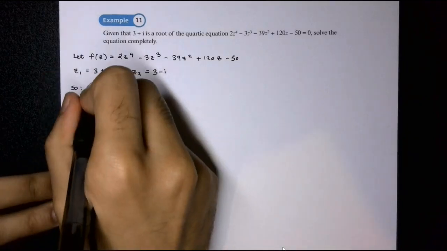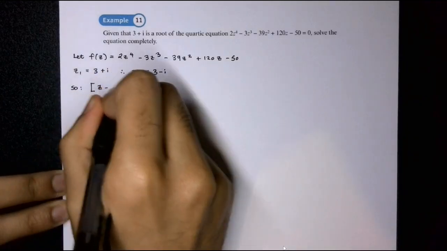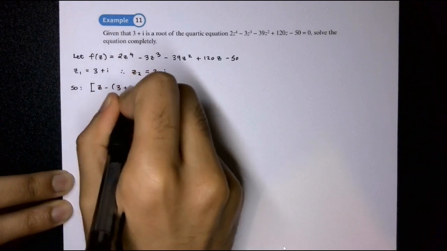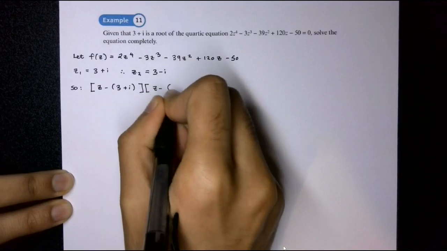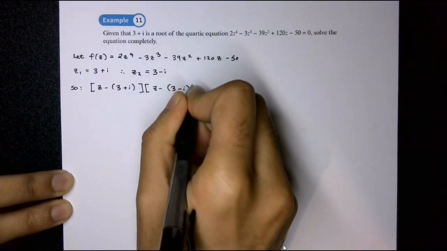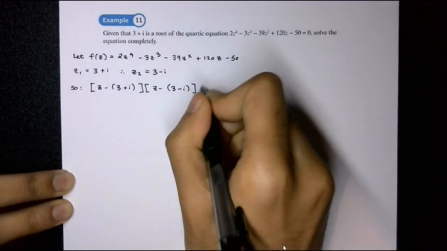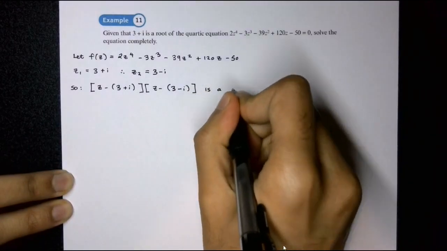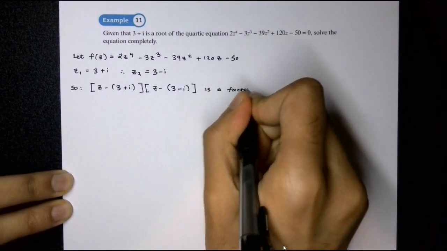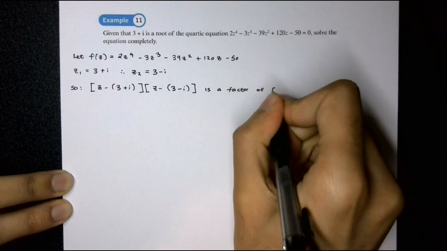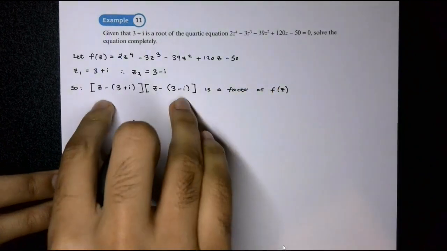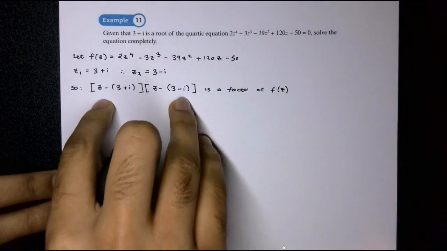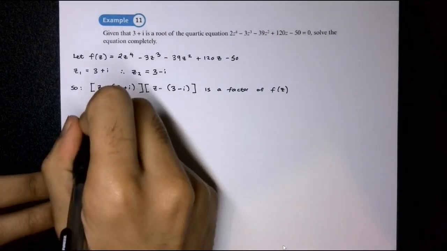So we have here z minus 3 plus i multiplied by z minus 3 minus i. So this over here is a factor of f of z.